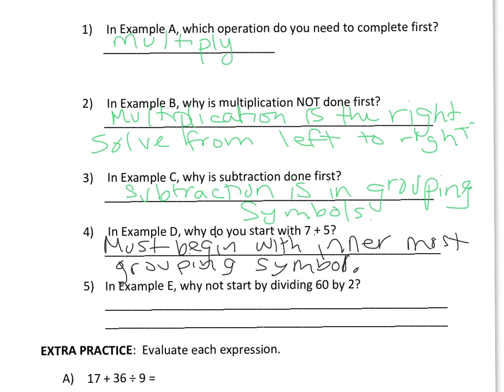And finally, for example E, why not start with dividing 60 by 2? Because in this case, we have technically two different groups. We have a group in the numerator and a group in the denominator. And the first rule is to always solve what's inside grouping symbols. So technically, you solve groups first.